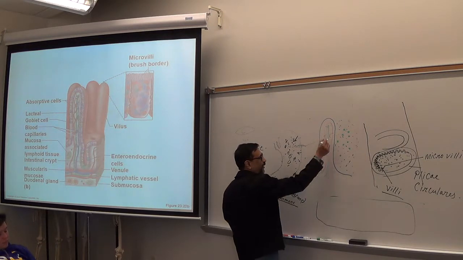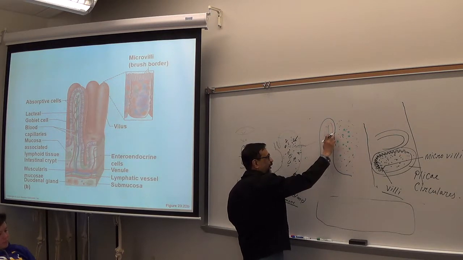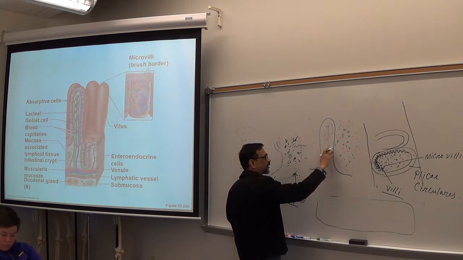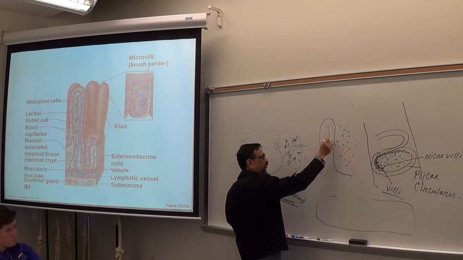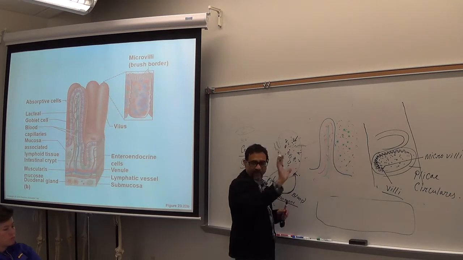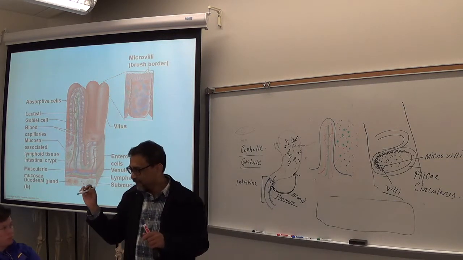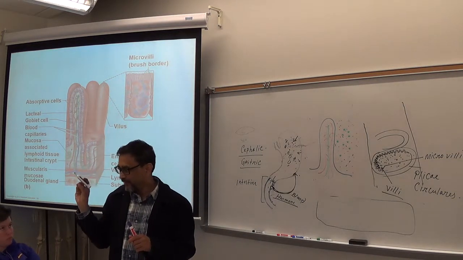Now in the wall of blood capillary, you have tiny holes, but those holes are small in size. So the fat molecules cannot easily enter into the blood capillary. Make sense? So in the blood capillary, you have tiny holes, right? But fat molecules are big, right?